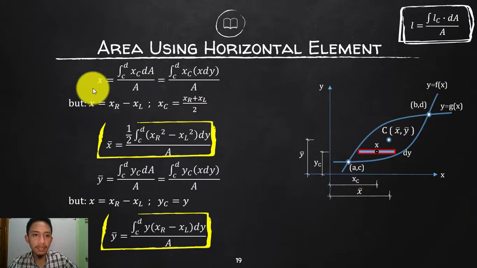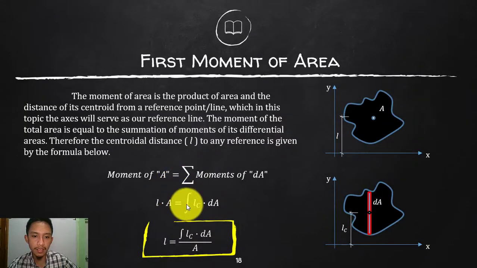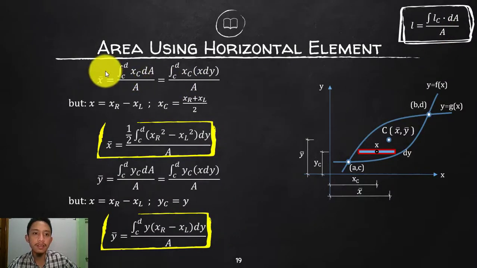I explained how this is derived. So instead of using that again or going to the summation equal to the total, we will use this one. That is the centroidal distance of the total area. L is the centroidal distance of the total area. Let's first focus on the horizontal centroidal distance, that is the x bar. Horizontally, we will take the moment of your differential areas with respect to the y-axis, or x equals 0.